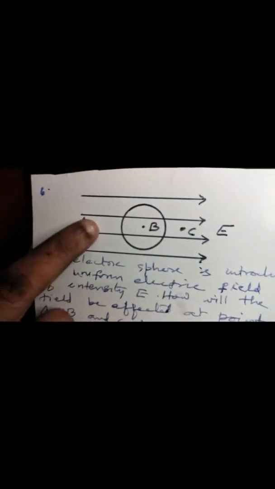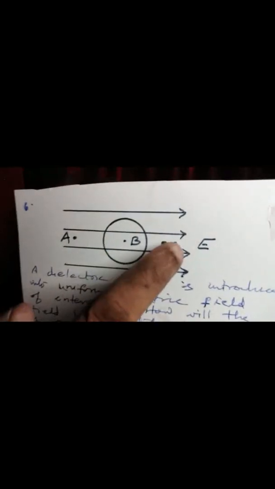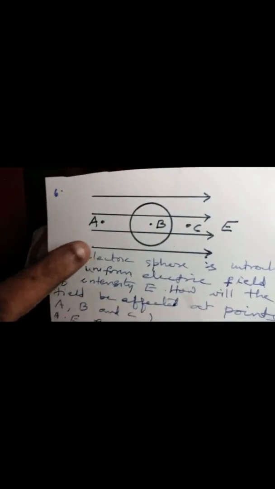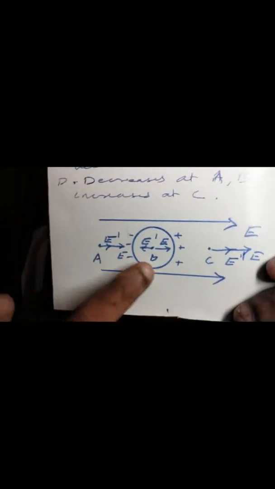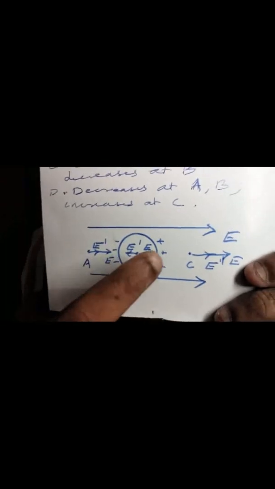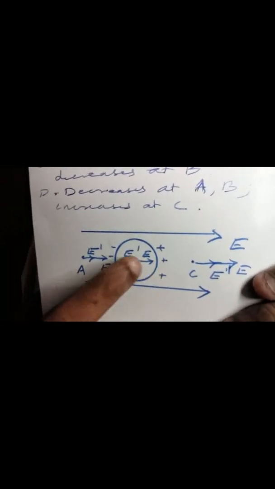So this is the figure. Uniform electric field. This is a dielectric sphere. Points A, B, C. What happens to the electric field at these three points? That is the question. See, by induction, dielectric polarization, induced charges will appear on the sphere.